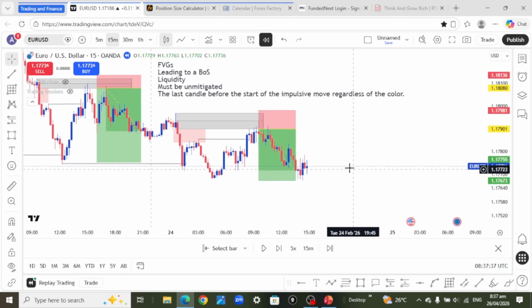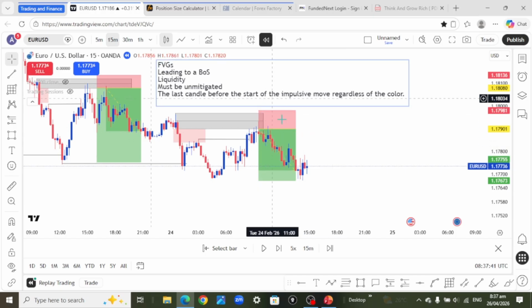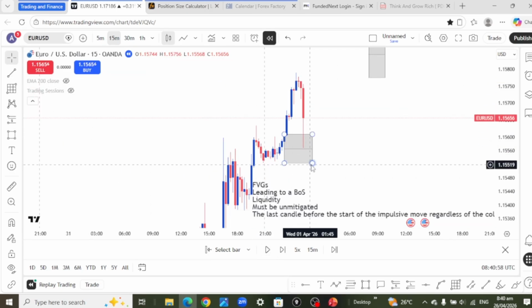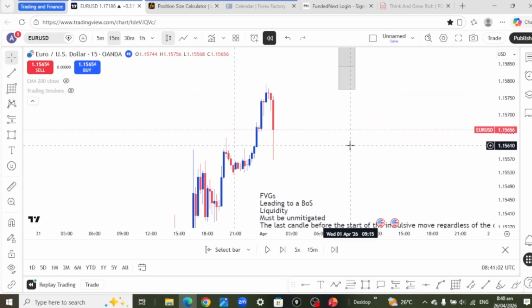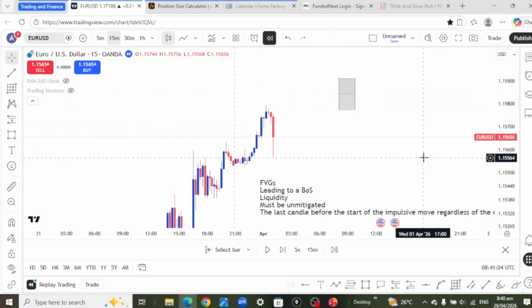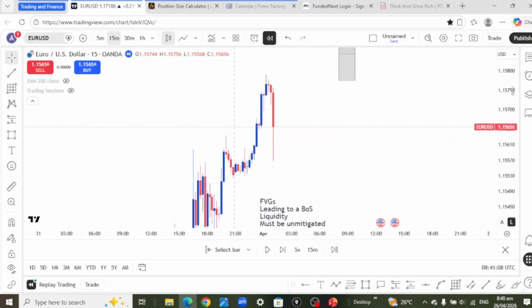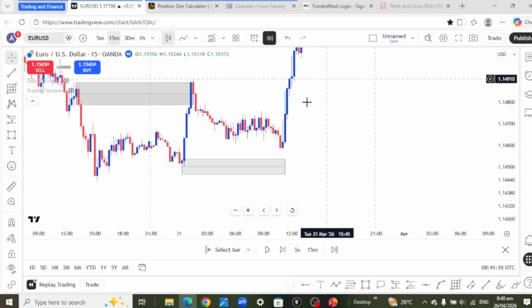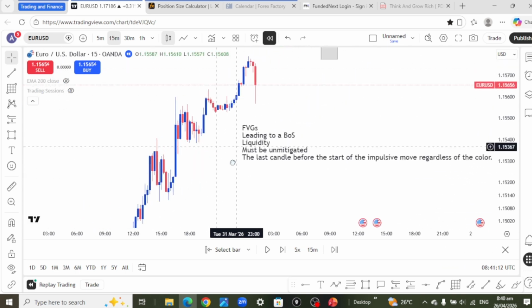Let me show you buy scenarios and how you could have possibly traded the buy trade setups. Okay, this is another buy scenario, as you can see from here, and you can see the price has been moving in an uptrend.